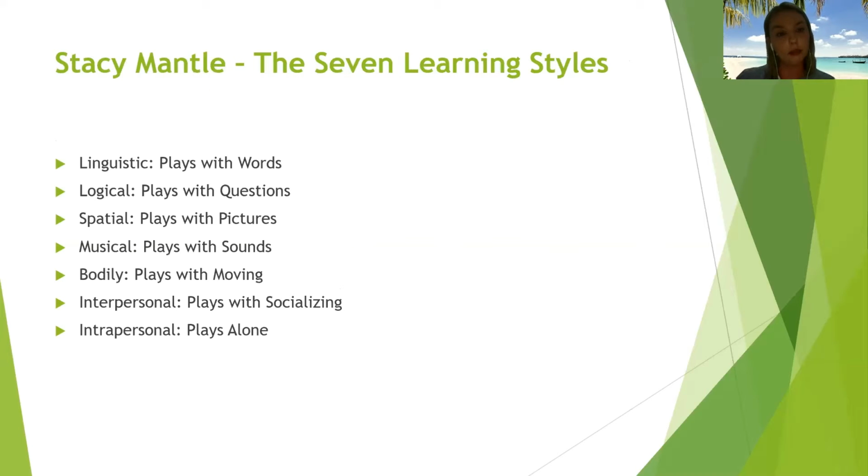For Stacey Mantel, she based her learning styles on Gardner's theory of multiple intelligences, and she describes seven learning styles. Those are linguistic, logical, spatial, musical, bodily, interpersonal, and intrapersonal.